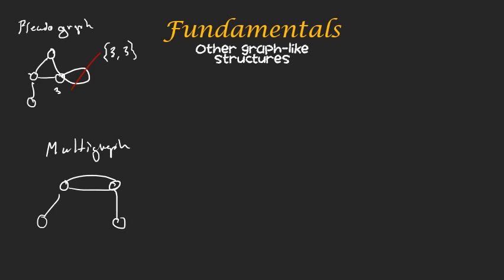Notice here, maybe this is vertex A and this is vertex B. The edge AB would show up twice in the edge set. Typically the edge set is a set and won't allow multiples of this, but with a multigraph, we think of the edge set as a multi-set, and this is okay to do. So in a simple graph we don't allow these multiple edges, but in a multigraph, that's okay.